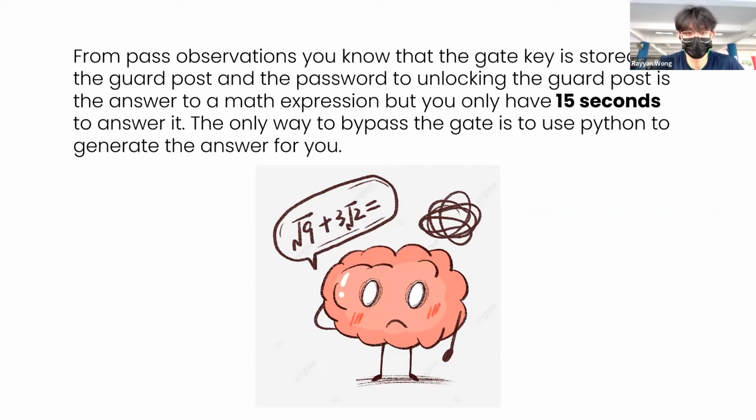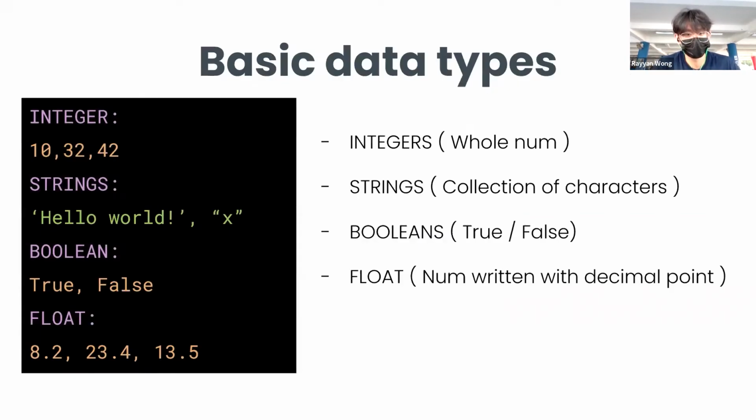Right. So in Python, there are 4 main basic data types: integers, strings, booleans, and float. Right. So integers are basically whole numbers. And to the left, you can see 10, 32, and 42 are examples of integers.